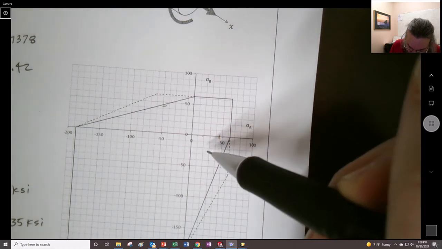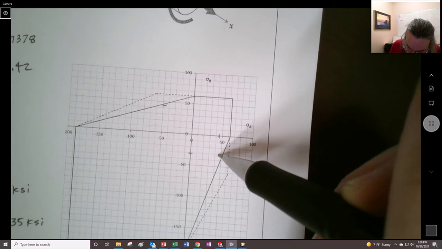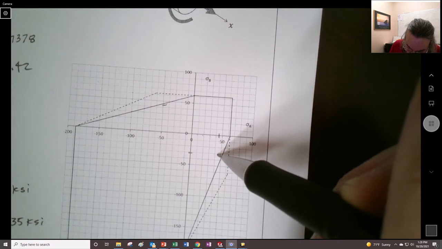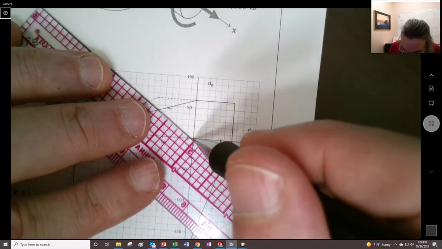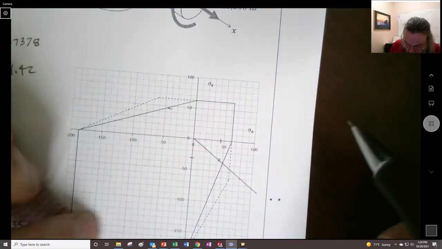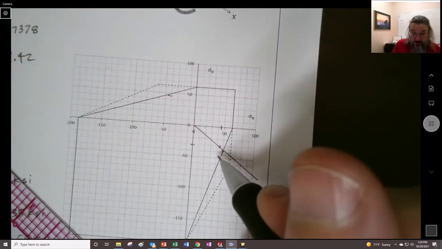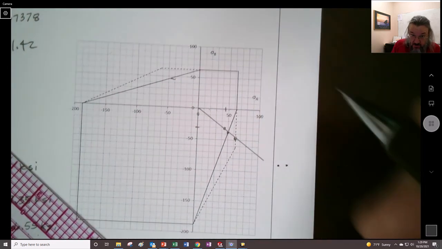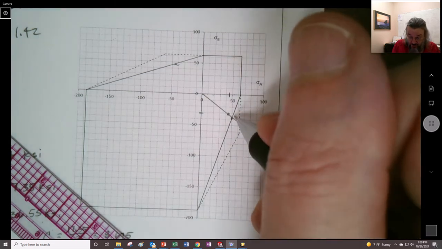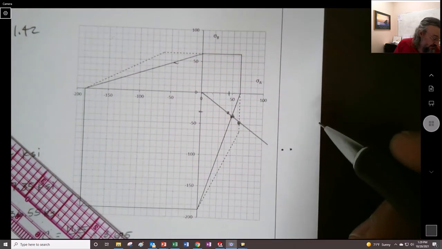And then this other is 30, so that's probably right in there. So we get pretty darn close. You can see how close it got to the brittle Coulomb-Mohr, whereas right here is where the modified Mohr is going to be. So you get a sense of where this point is fitting.